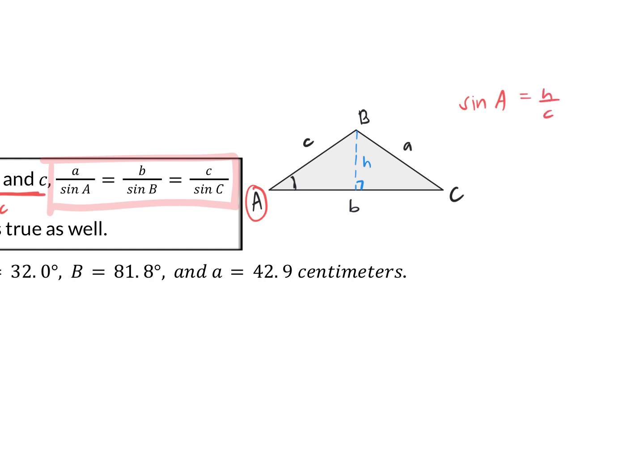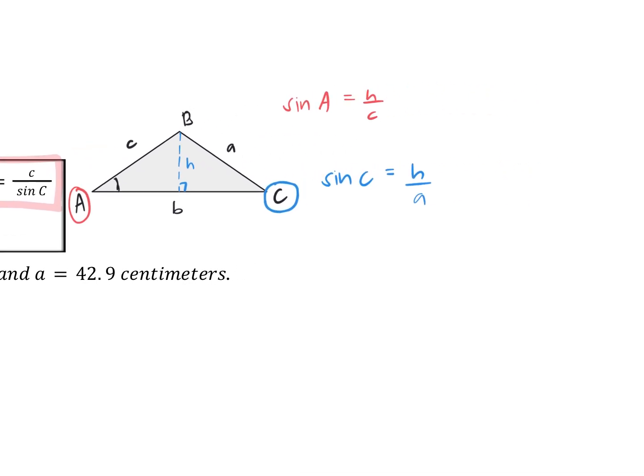Okay. If I was looking at C, looking at my right triangle here, ignoring that other half, sine of C would equal opposite over hypotenuse, which would be h over a. Okay, if I solved both of these equations for h, this becomes a times sine of C is equal to h.